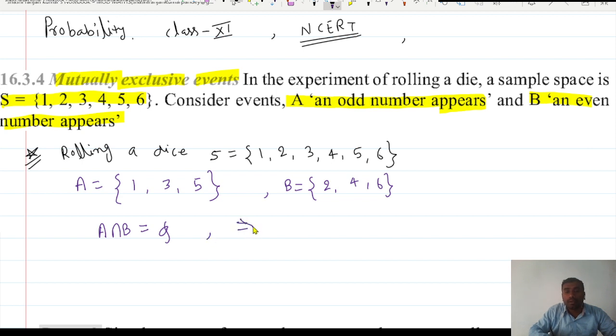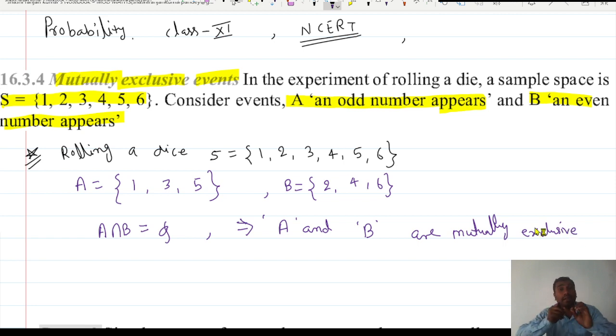This implies that event A and event B are mutually exclusive. It is very simple. Mutually exclusive means no common point between the two events. If there is no common point between them, then that is a mutually exclusive event.